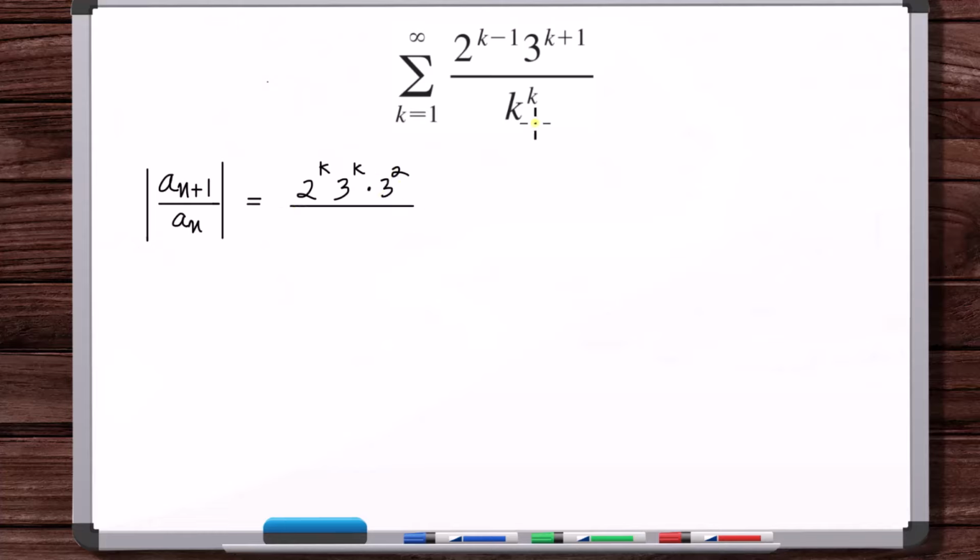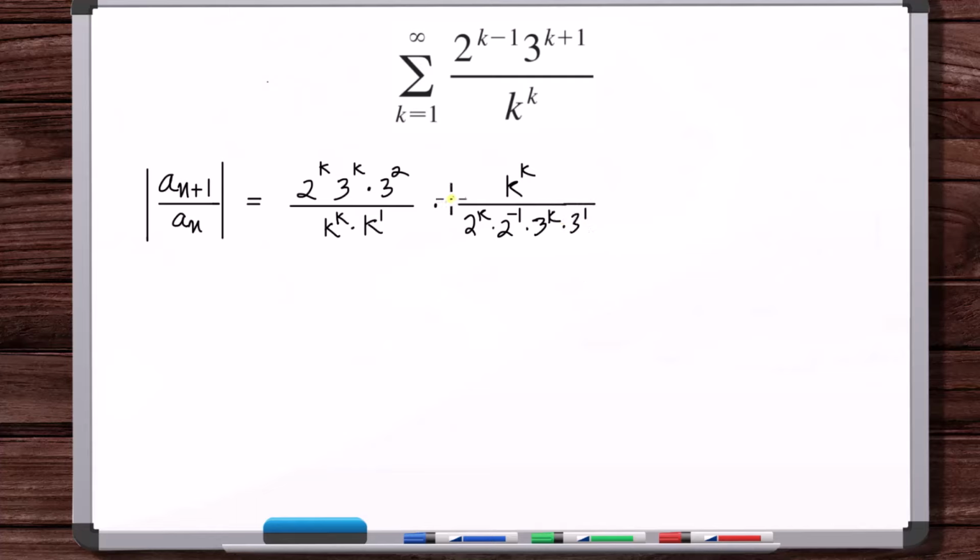Then k to the k plus 1, let's write that as k to the k times k to the 1. Now, because we're dividing, we take the reciprocal of a sub n. So we've got k to the k in the numerator, and 2 to the k times 2 to the minus 1 times 3 to the k times 3 to the 1.